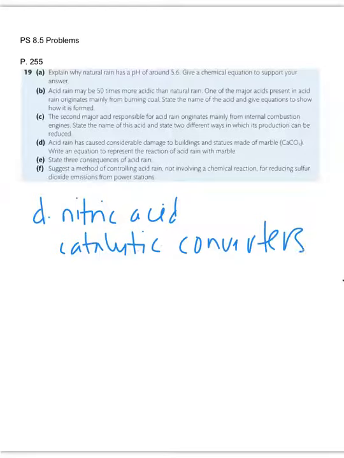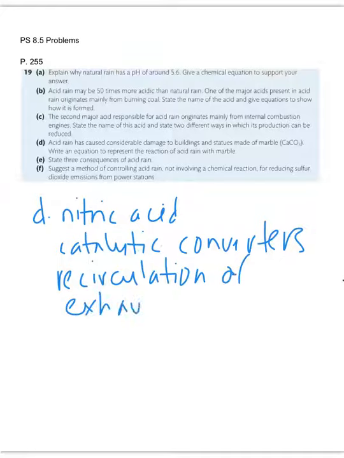And another one is recirculation of exhaust gases. Can also use what are called lean engines. There's a few ways given in the book, but that's two of the ways.